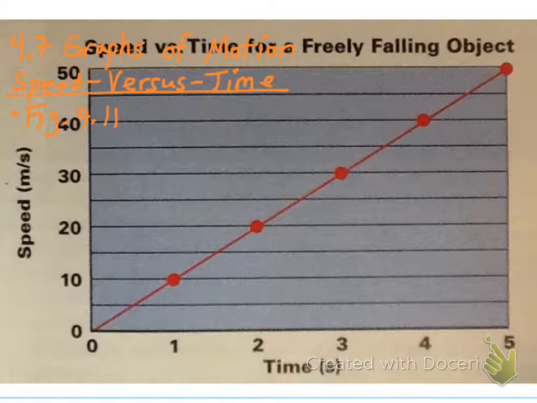Okay. So some things to notice here. First off, our speed is on our y-axis, which is our vertical axis. Our time is on our x-axis, which is our horizontal axis.